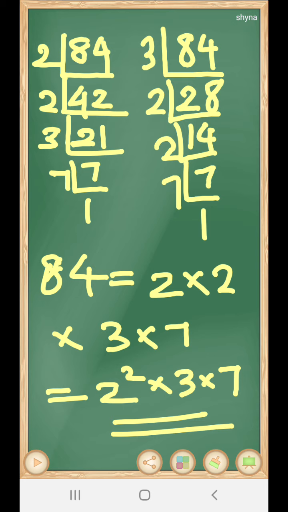This is the fundamental theorem: for every composite number we can do its prime factorization, and the factorization is unique when written in ascending order. Even if the order was different, it will be the same.